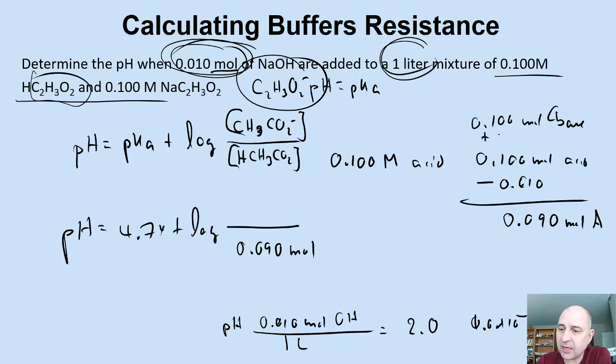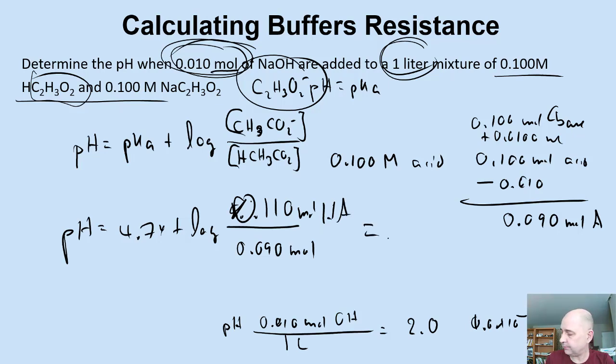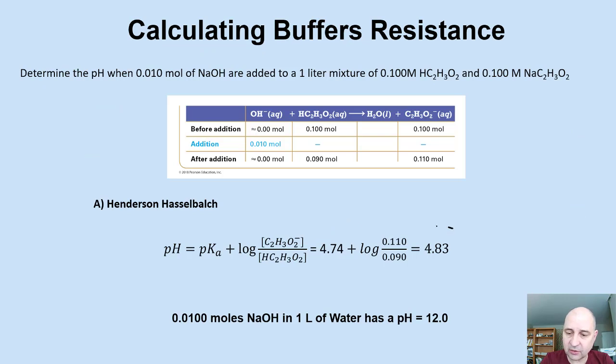So we're going to see plus 0.0100 moles. So this is going to be 0.110 moles of base. And from that we can get the pH, and the pH is going to be 4.83.